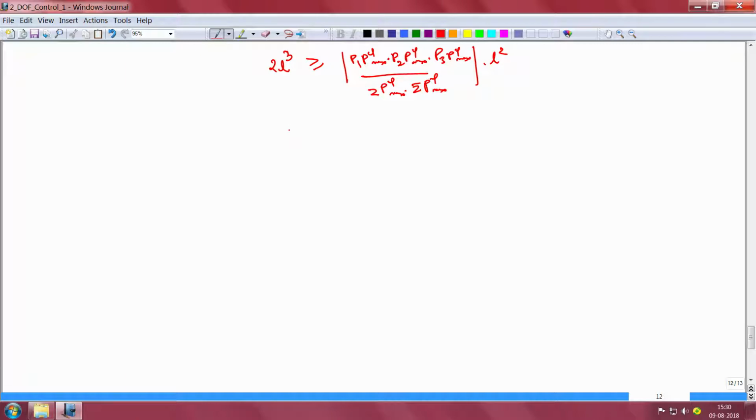And what this indicates is that the distance L, which is the minimum distance at which the far away controller poles need to be placed away from the origin, is given by L greater than or equal to 1 by 2 times the magnitude of this term above, namely the magnitude of P1 PCL max times P2 PCL max times P3 PCL max divided by Z PCL max times Z bar PCL max.